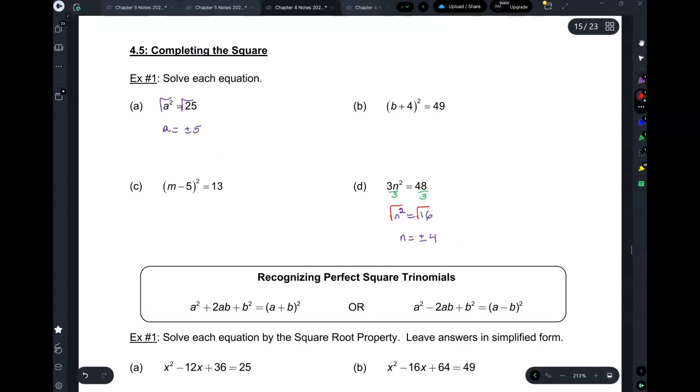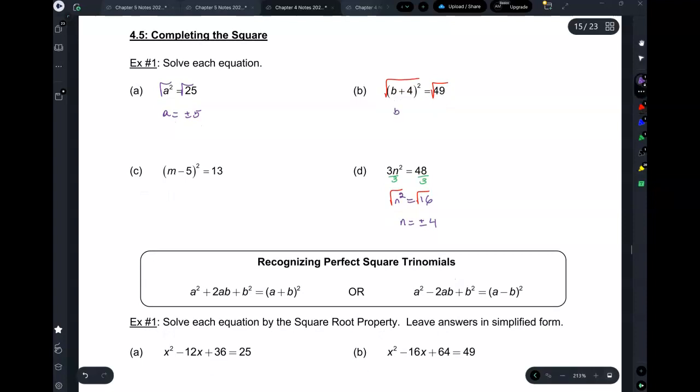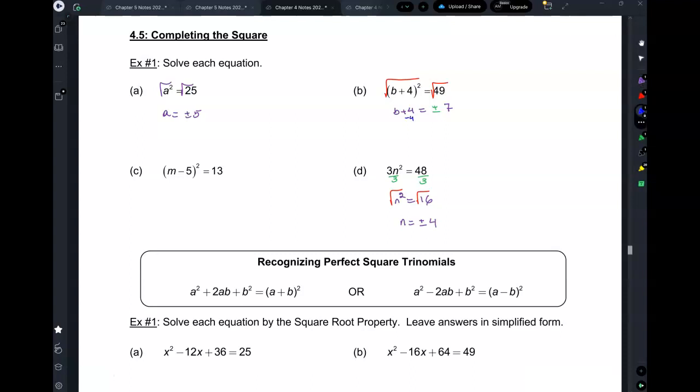B plus 4 squared equals 49. To get rid of the square, I'm going to take a square root, so I get B plus 4 equal to plus or minus 7. Now I have to solve for B, so I got to subtract 4. B equals negative 4 plus or minus 7.